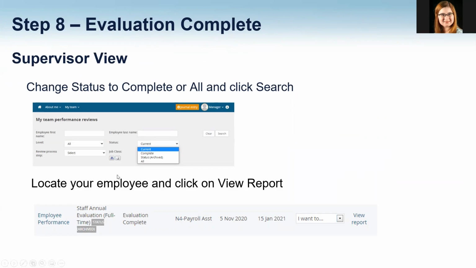So down below, you'll see a list of employees. Those are probably your current things that are active in the system. You can go over to the status, change it to complete, and you will be able to view any of the completed evaluations. This is nice to be able to look back next year, to be able to click on and say, what did I say about Sally last year?